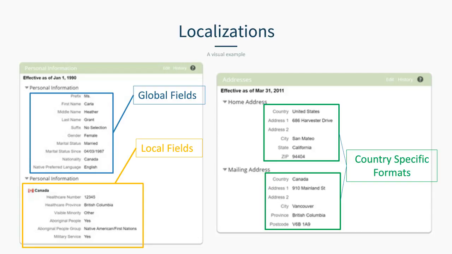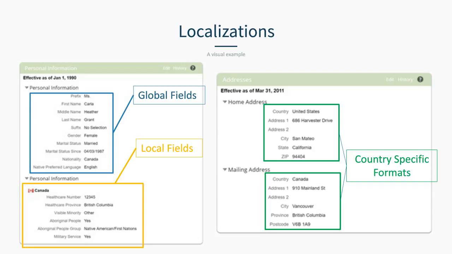On the right-hand side in green here, we're showing two different examples of country-specific formats. So at the top, we see United States, and it was like the example I mentioned before. You have address 1 field, address 2 field, city, state, and zip. Now state is actually a drop-down list like what Rebecca mentioned earlier before.